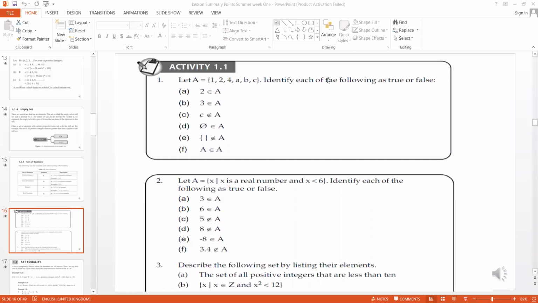That's false. So the question is, we have to ask ourselves, is -8 first a real number?